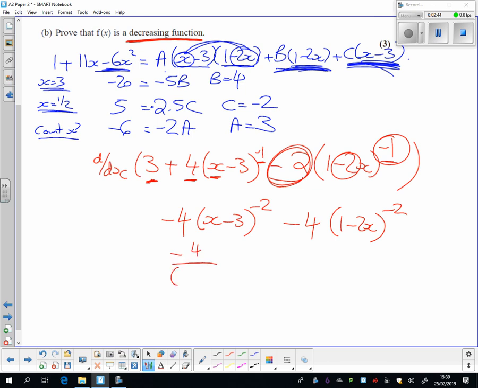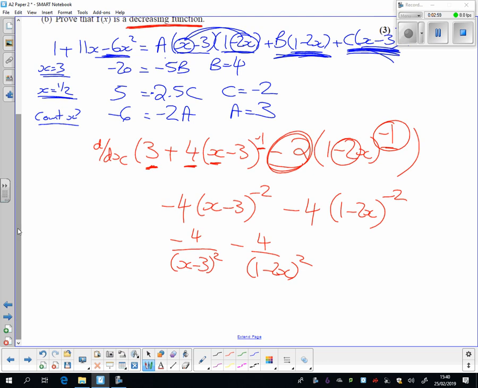Let's rewrite that. And we've got a minus, so both of these things are negative actually, aren't they? We've got minus 4 over this and minus 4 over that. Now there's some words. Why is this always a decreasing function? Well look, x minus 3 squared is always greater than 0.